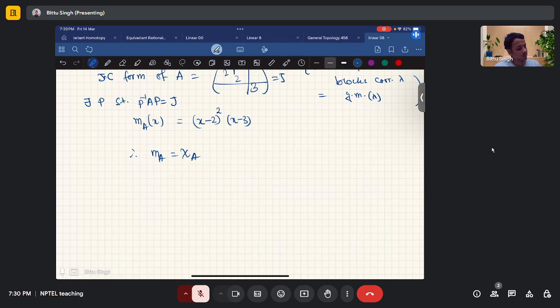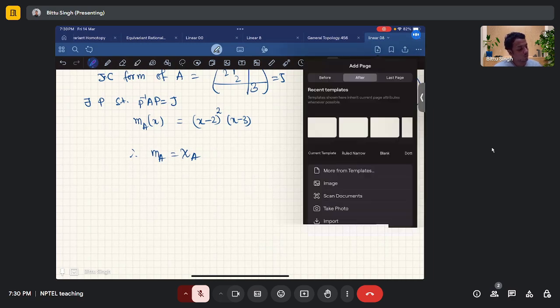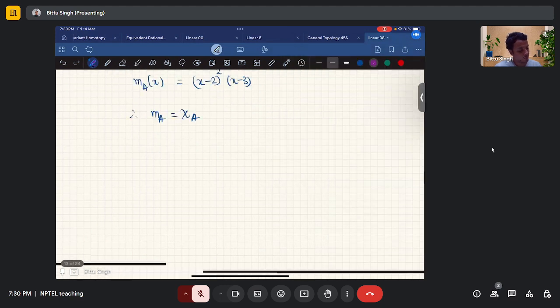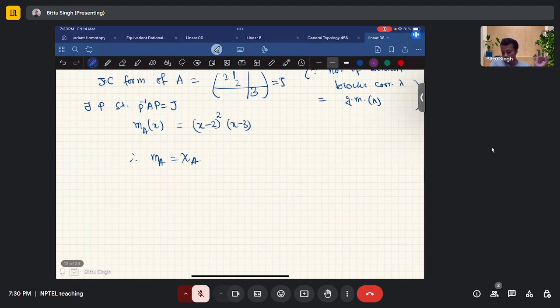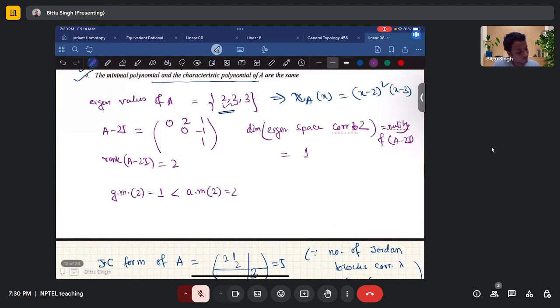So here we will see how to get a Jordan canonical form from a given matrix A. Again, the problematic part is A minus 2I.